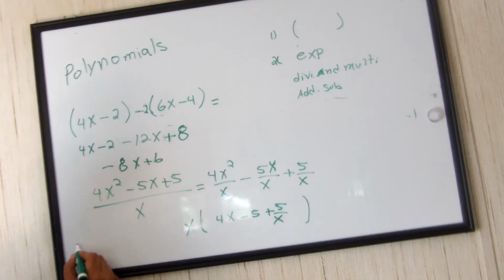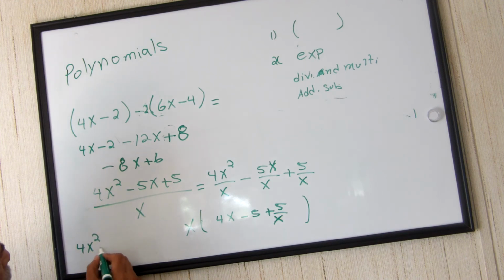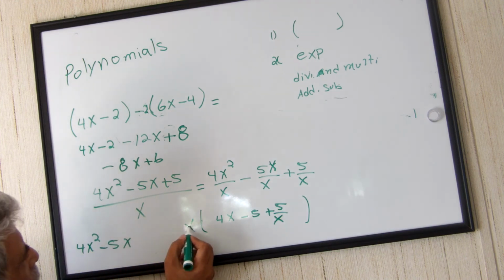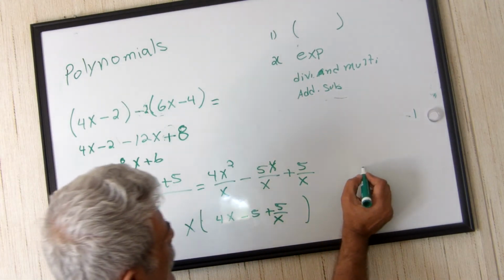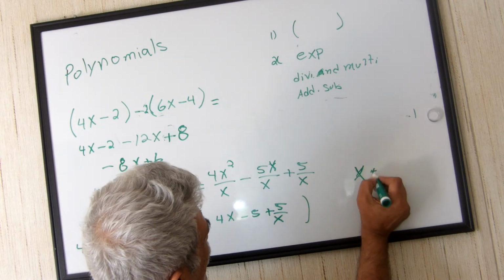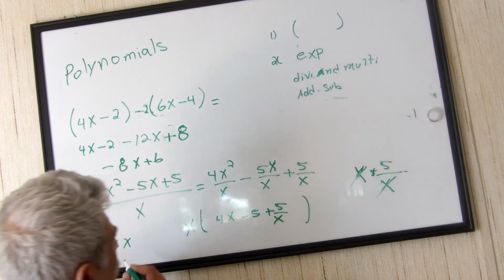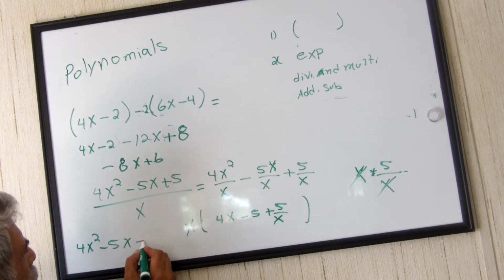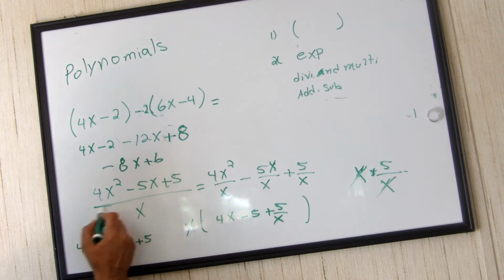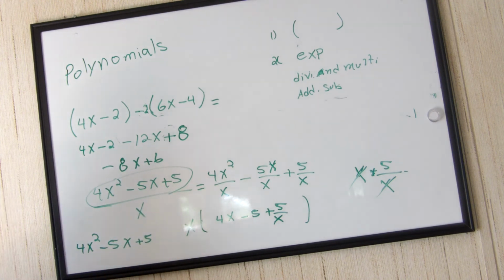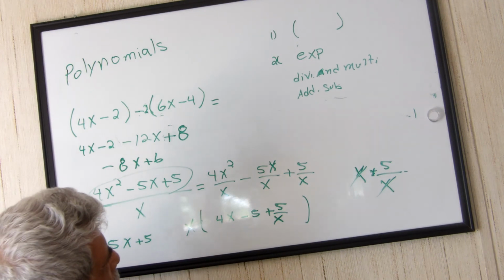So 4x² minus 5x, x times 5x, the x cancels out, it's going to be 5 plus 5. Oh, this is the same, we got the same thing before. Actually, we factor this way.